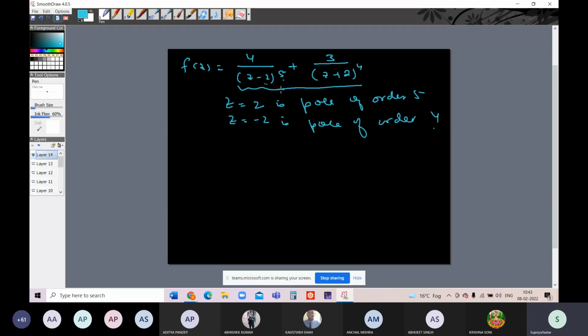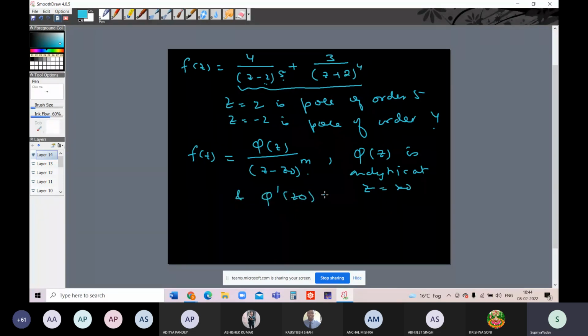One more thing: if f(z) is a function which has a pole at z = z0 of order m, in that case f(z) can be represented as phi(z)/(z - z0)^m, where phi(z) is analytic at z = z0, and also phi(z0) is not equal to 0.